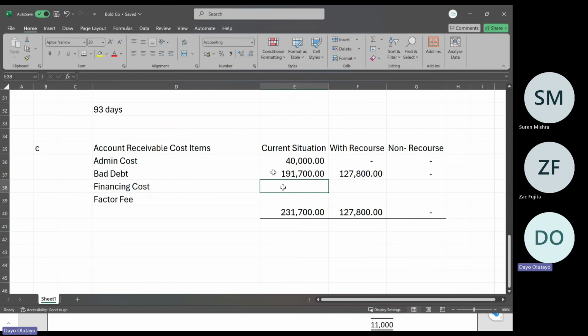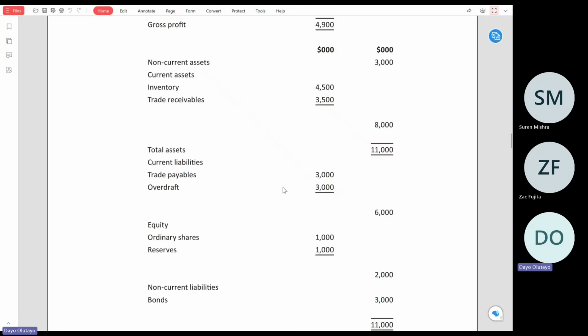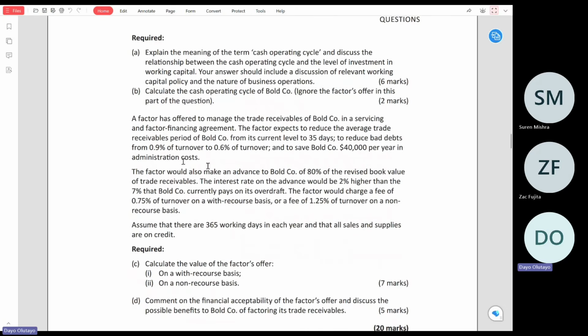For financing cost, it is tied to the current receivable balance, and in the question, the receivable will be financed with an overdraft that is charged at 7% by the bank.